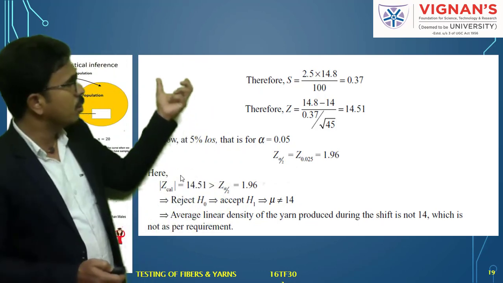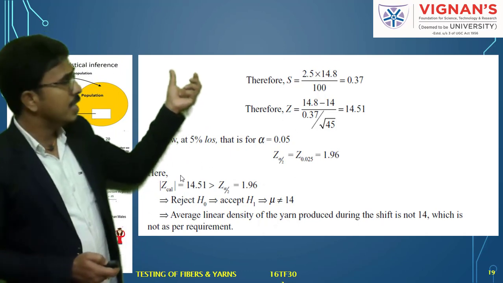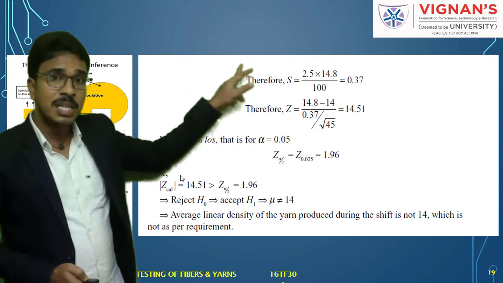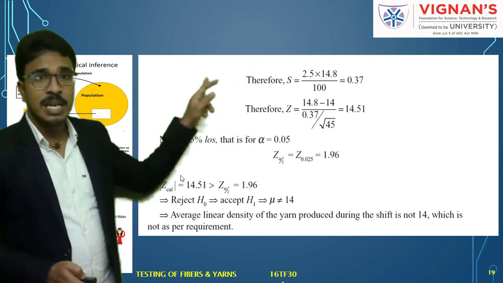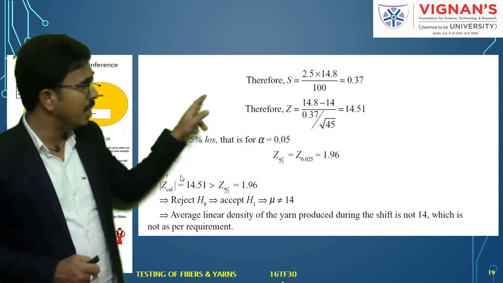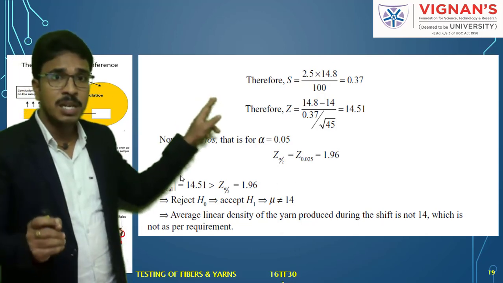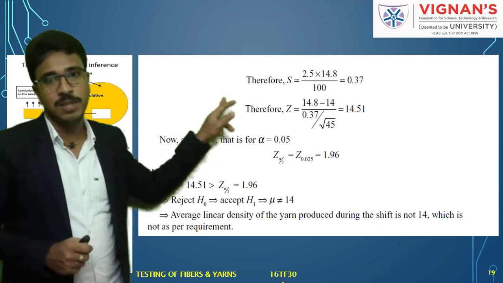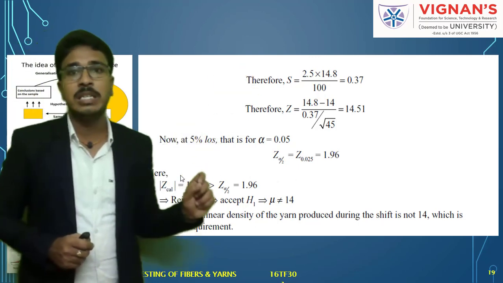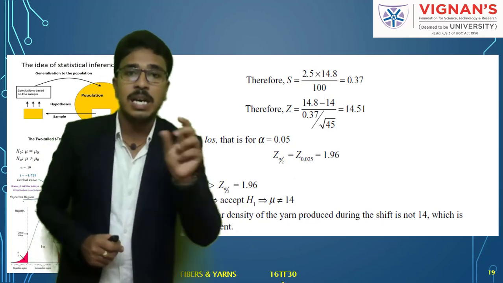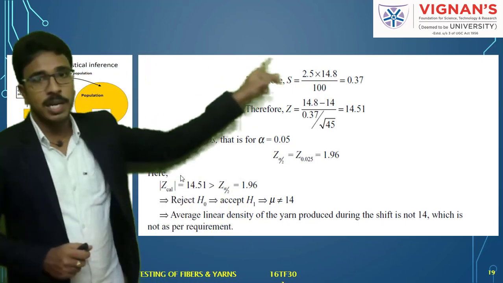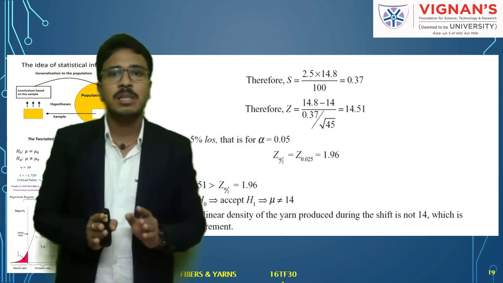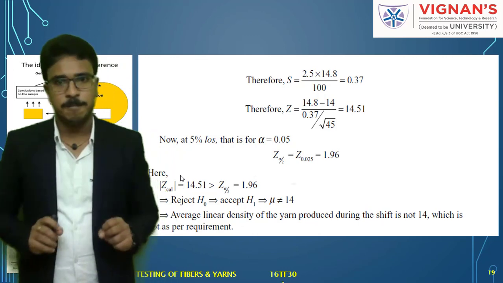If you substitute all the values in this formula, Z is equal to x bar, which is 14.8, minus mu, which is 14, divided by the S value 0.37 divided by the square root of n, which is 45. Finally we arrive at the calculated Z value of 14.5. Okay, with this we have completed the testing.